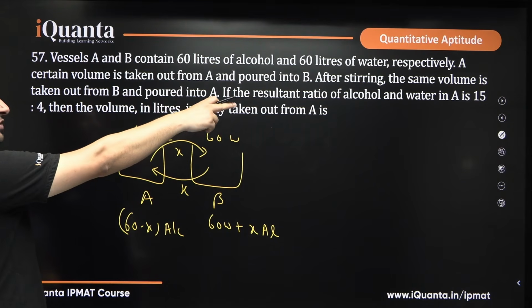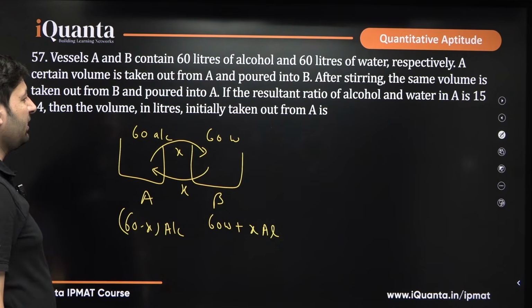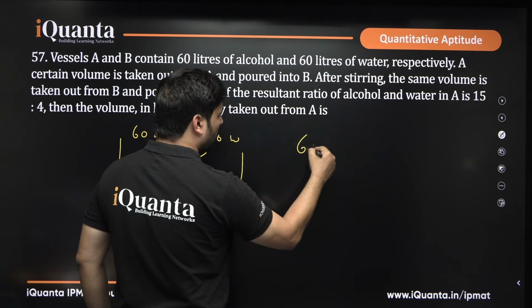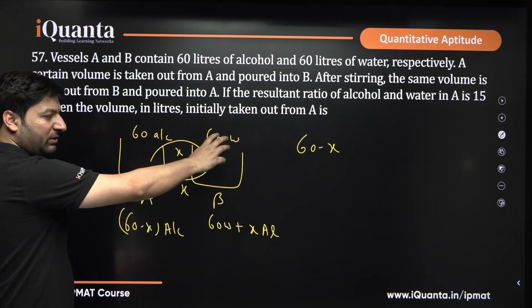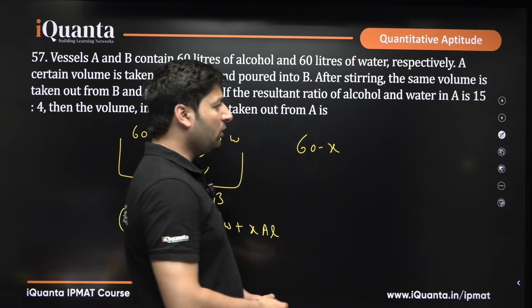The resultant ratio of alcohol and water in A is this. So, we have to deal with the quantity of alcohol and water in A. Now, see, we had 60 minus X alcohol already in A. After X amount of this liquid is drawn from B, some alcohol will be added here. I hope you all know that.